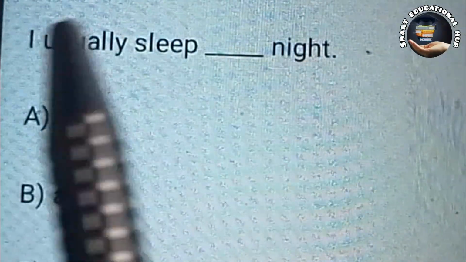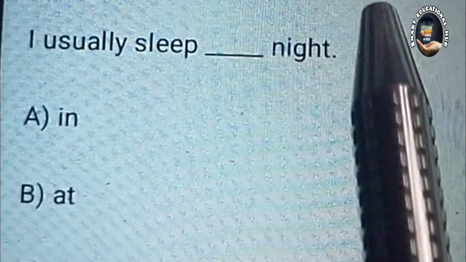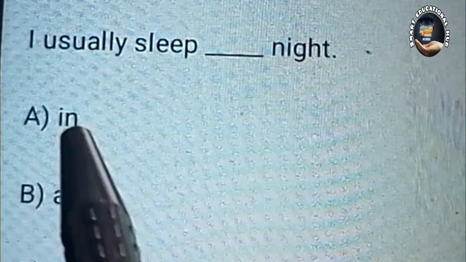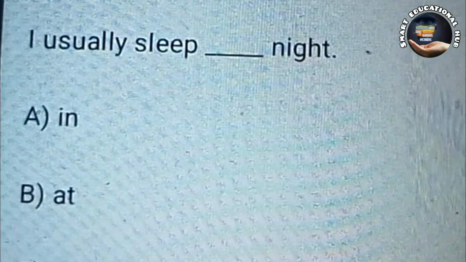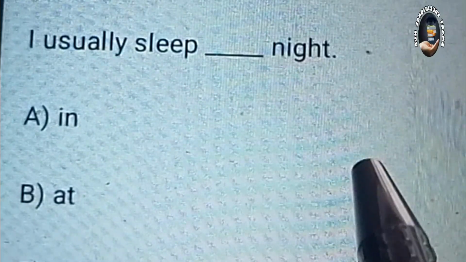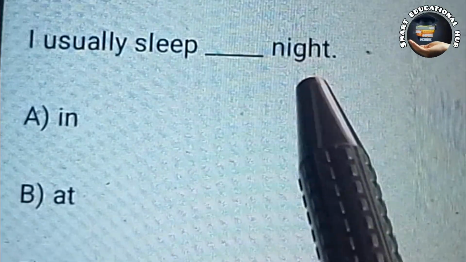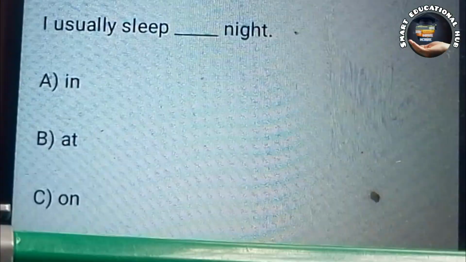Similarly, question number 4 is, I usually sleep dash night. In, at, or on? So at night, right? What will we use with night? We will use at with night. So I usually sleep at night. Now, question number 5.